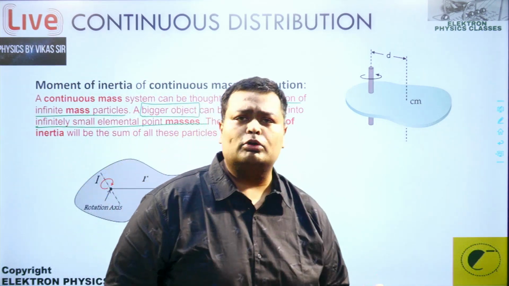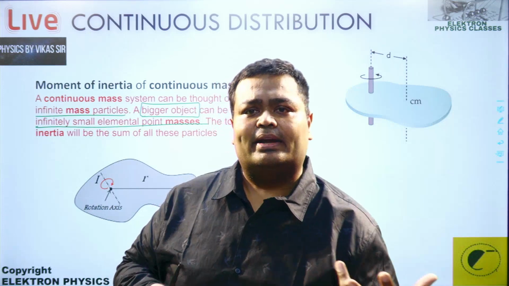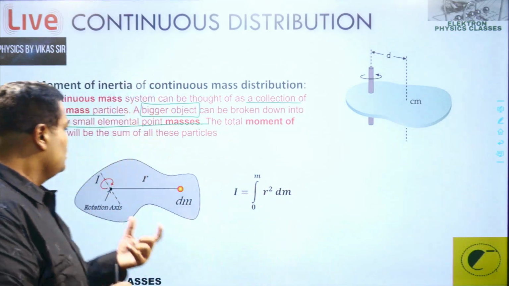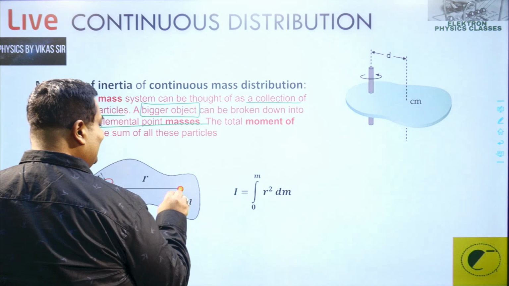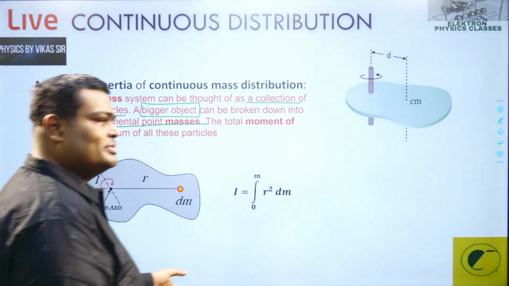And we do remember, what do we do? We basically assume those tiny particles to be identical. So we assume a single particle dm, which is at a distance of r from that axis.